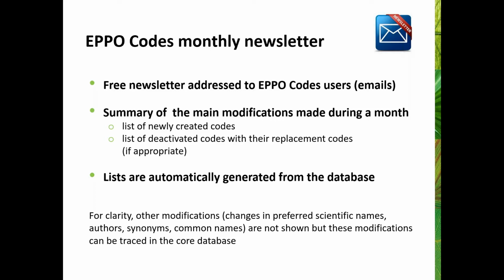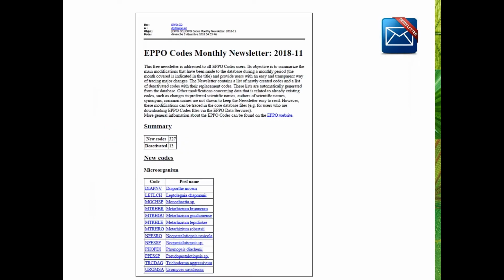But these modifications can also be traced in the core files of the database. So this is just to show you the visual aspect of the EPPO Code monthly newsletter.